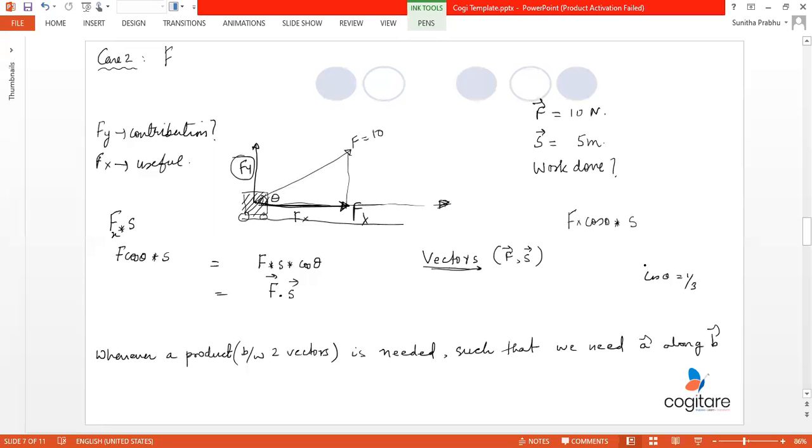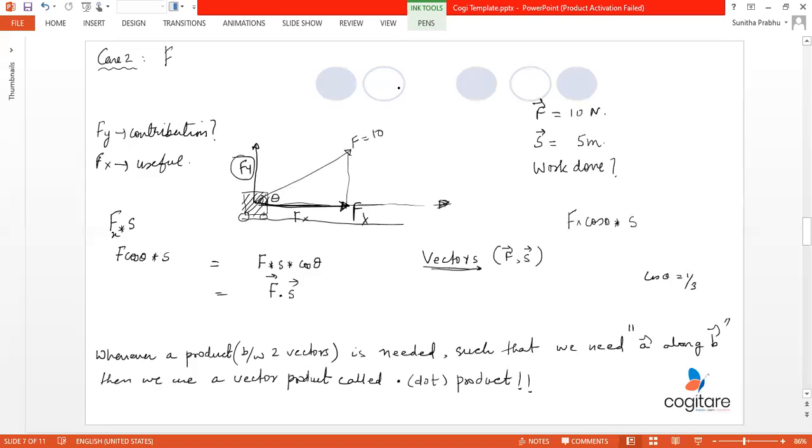You don't want A perpendicular to B, that doesn't make sense. So when you want A along B, then we use a vector product called dot product. Are you able to understand what I'm saying?